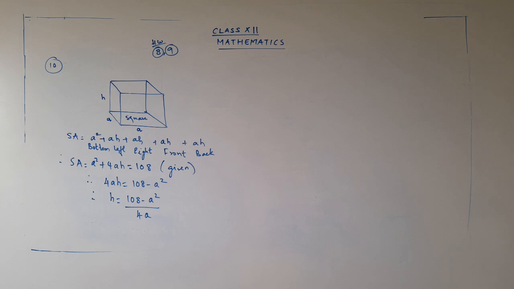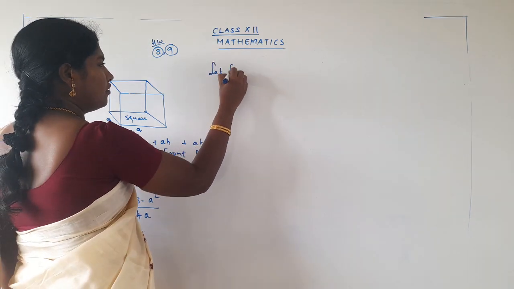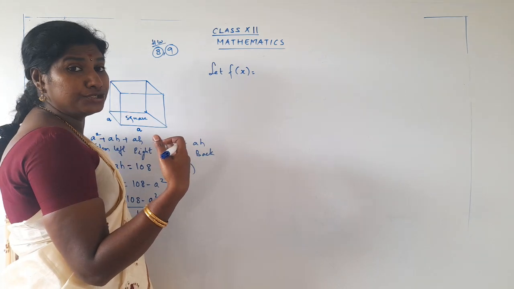Okay, so this was the first thing we have done. Now the next thing is we have to find out the function over here, and I have told you that volume of the box is maximum. Yes, children? So the function is the volume of the box. The volume formula is length into breadth into height. So let's write out the function. Let f of x is equal to volume of the box, length into base into height.